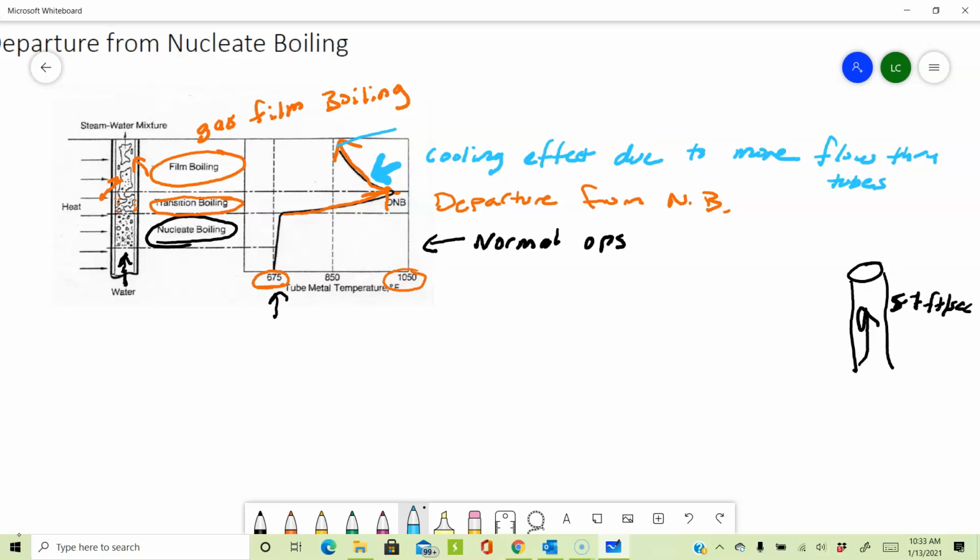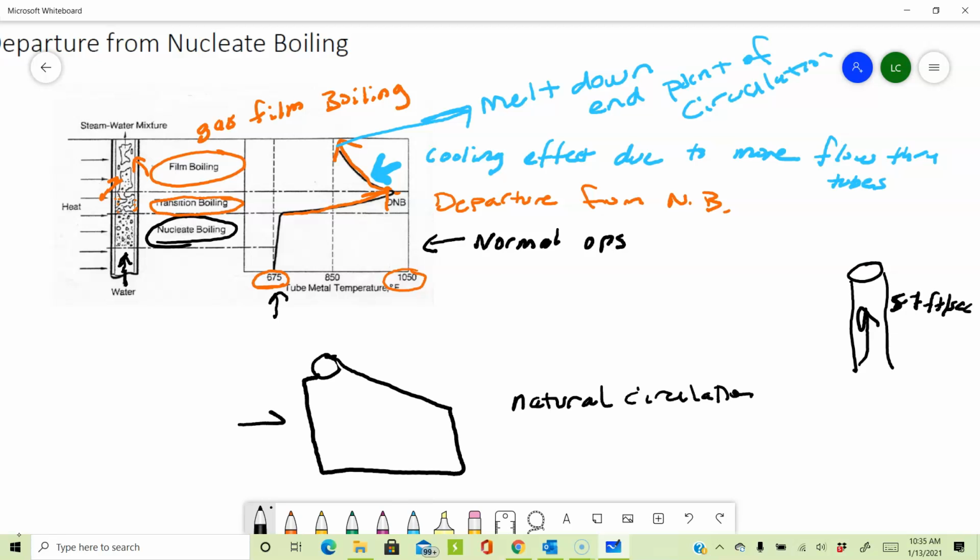After that point, our tube temps are going to skyrocket again, and we're going to have major issues. You are going to have a meltdown and the end point of circulation. Circulation, right? Not a good thing.